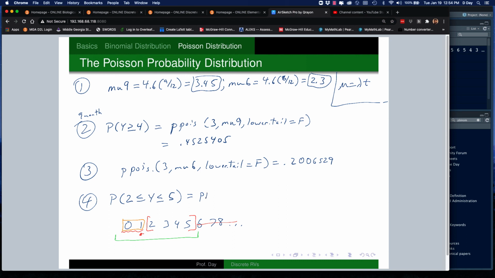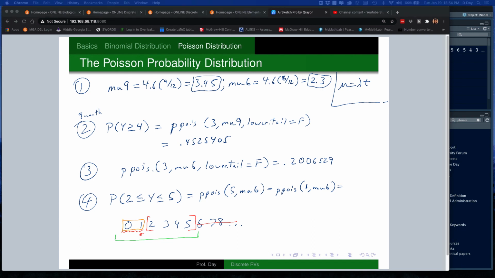So we're going to take p-pois of 5, this is the 6-month period we were dealing with, so mu 6. And we're going to subtract from it p-pois of the area I don't want in there. I want to continue 2 through 5, so I'm going to put 0 and 1 added together, so I'm just going to put a 1 here and mu 6, and that will give us the answer we want.